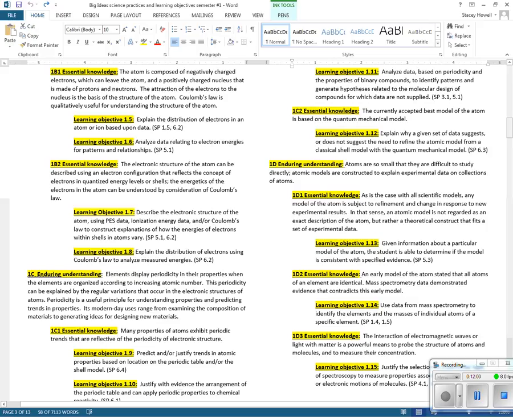This also is the Coulomb's law that I had you guys do that packet on, that POGIL packet. Describe the electron structure using PES or ionization energy. Remember, ionization energy is how much energy it takes to take an electron off an atom, or Coulomb's law to do.